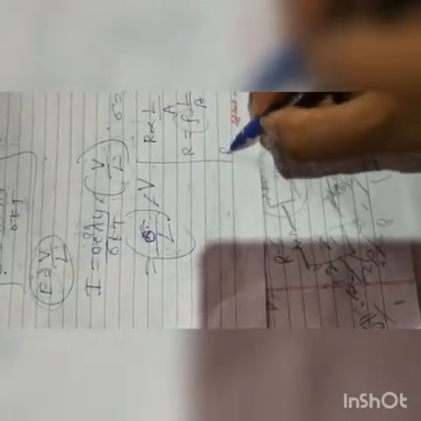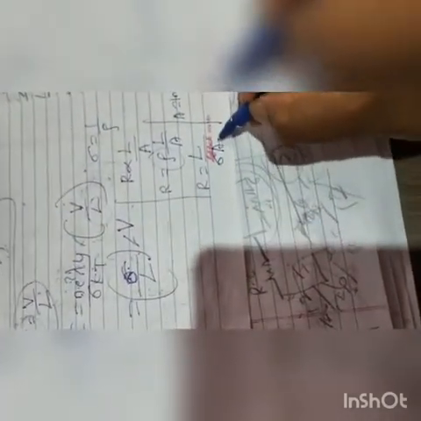So R is equal to 1 divided by sigma, with the length as it is and the area. Instead of area I can use 1 meter square; if I put that value, it remains constant, so R is equal to L divided by sigma. So I put it here.